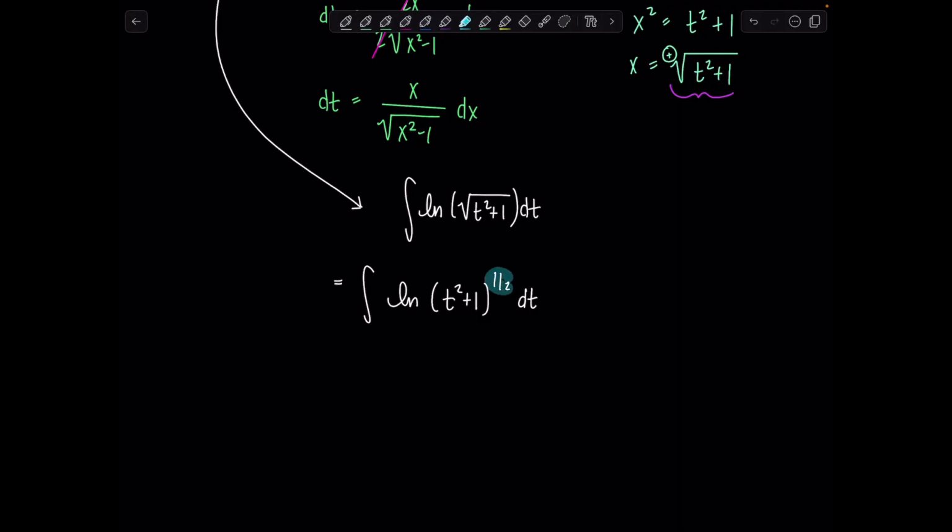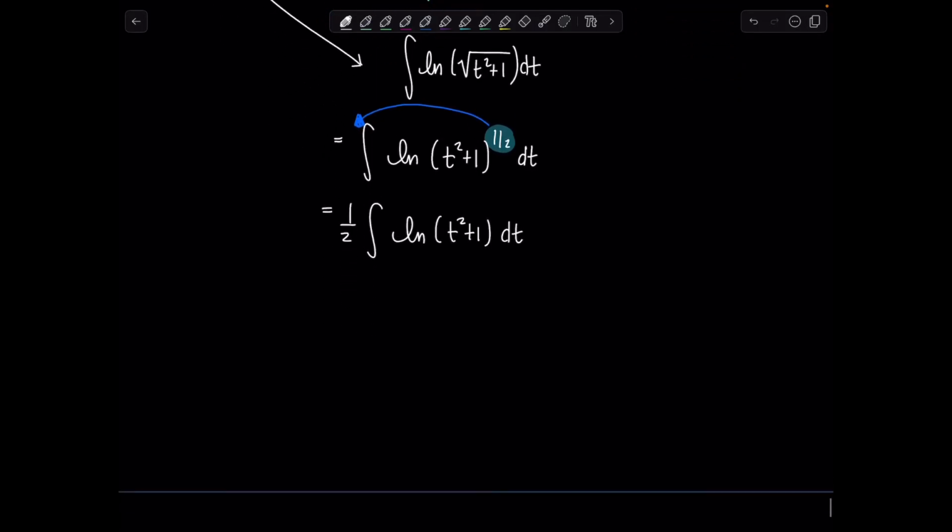And then I can move that 1/2 all the way outside, and then you won't have such a nasty chain rule. 1/2 ln, now it's just t squared plus 1 dt. Ooh, fun. So u is going to be natural log t squared plus 1, and then dv is just dt. All right? Are we good?